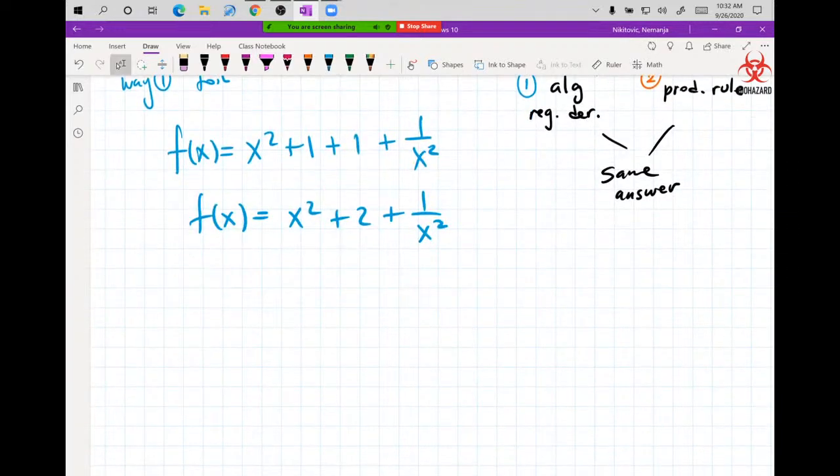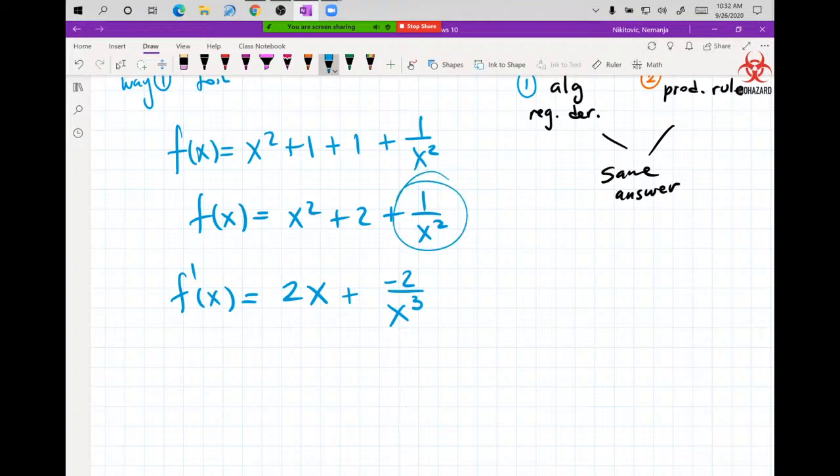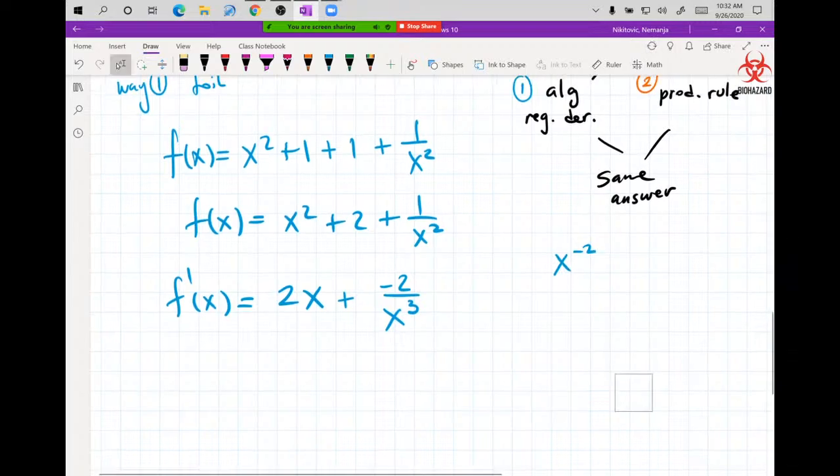And now I don't need the product rule to solve the problem. So I can just go f prime of x is 2x plus 0 plus negative 2 over x cubed for the derivative of this third one, right? Because you are taking the derivative of x to the negative 2.